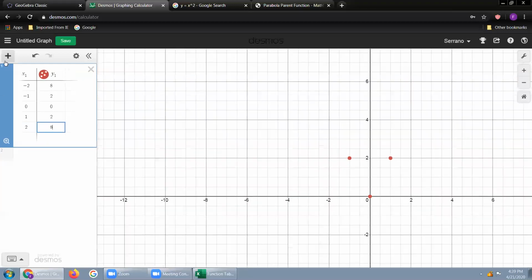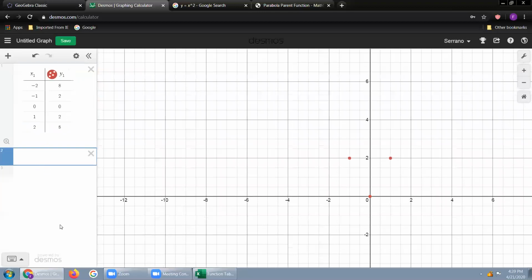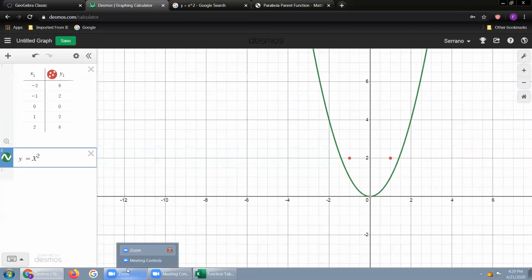Let's see if we can now do the graph. Remember, this wasn't y equals x squared, this was y equals x to the second power, but it had a 2 for a coefficient. The one next to the x is a 2.